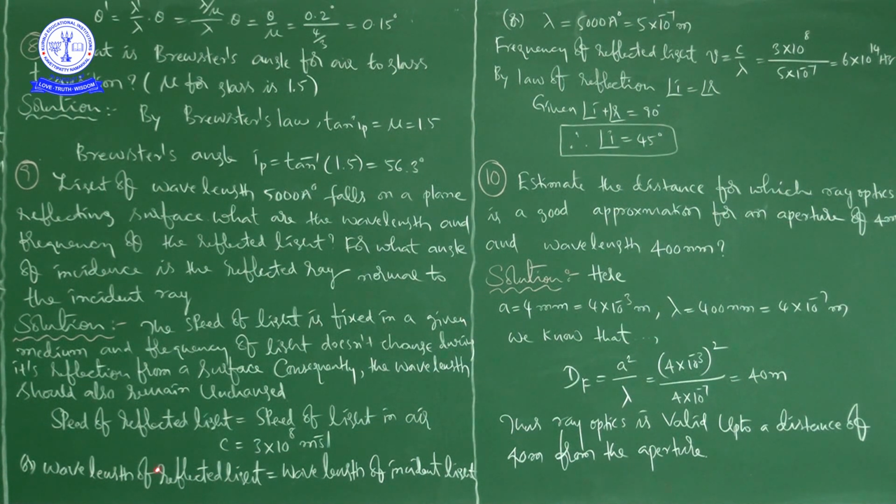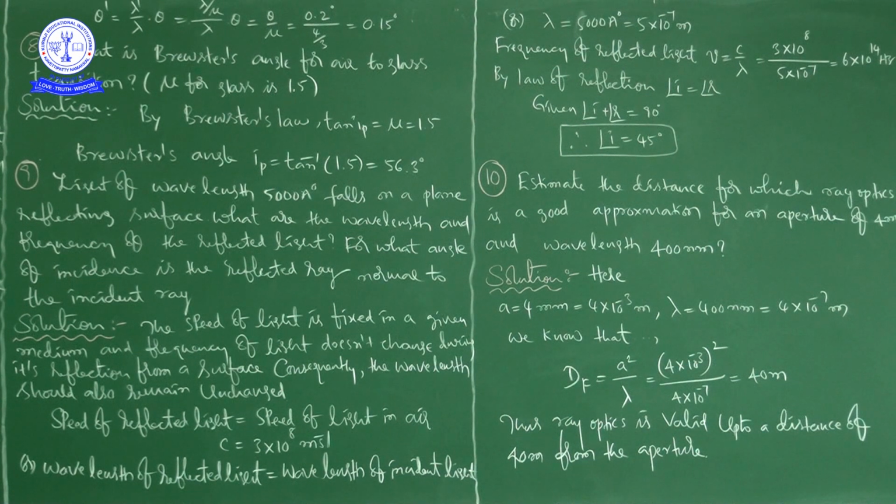Okay, right. Next step. From this we are writing: speed of reflected light is equal to speed of light in air. Suppose it is a reflecting surface, it has the incident light and the reflected light. So speed of reflected light is equal to speed of light in air.